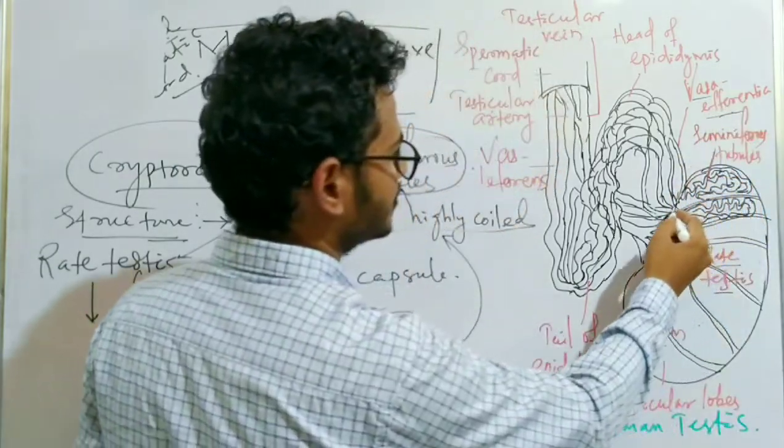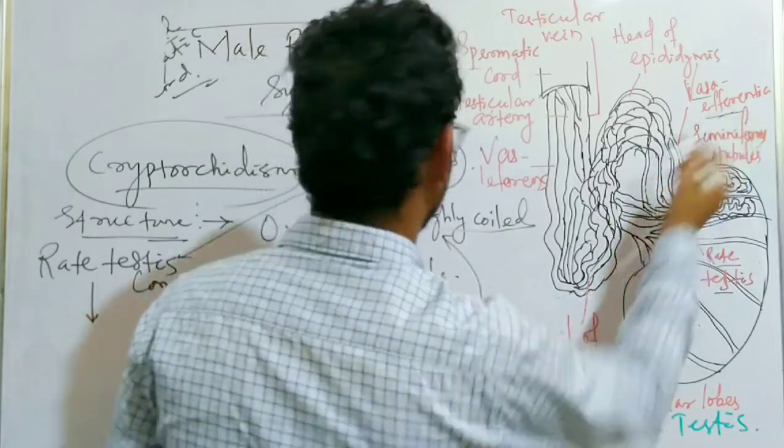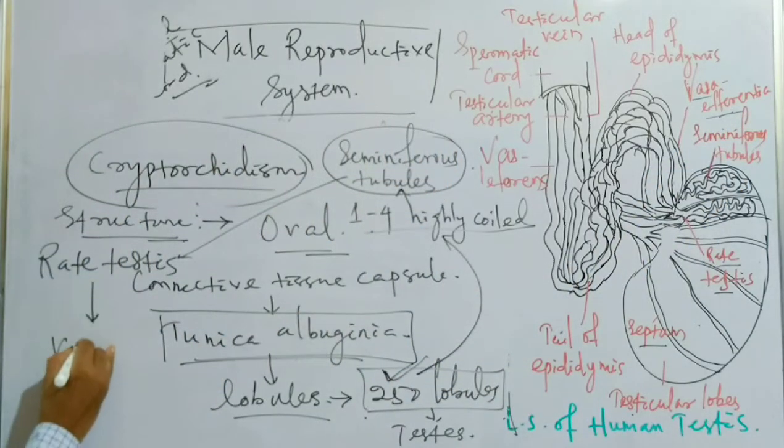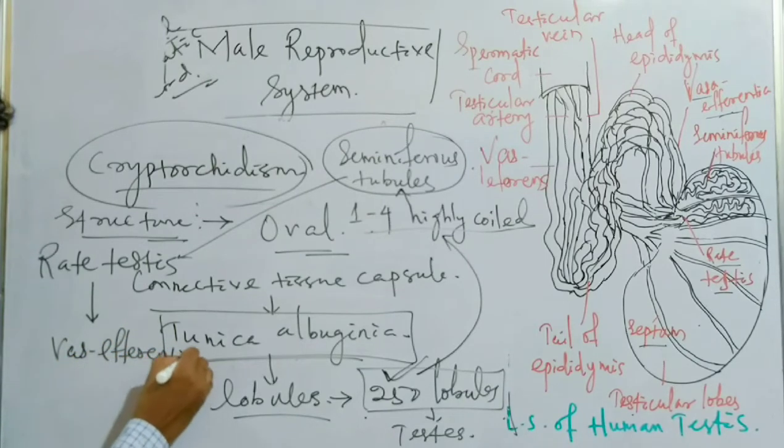The seminiferous tubules unite to form the rete testis, which then unites to form many ductules called the vasa efferentia. Okay, clear?